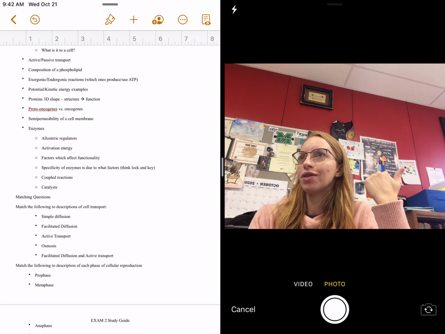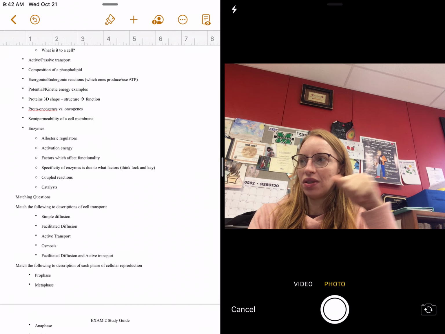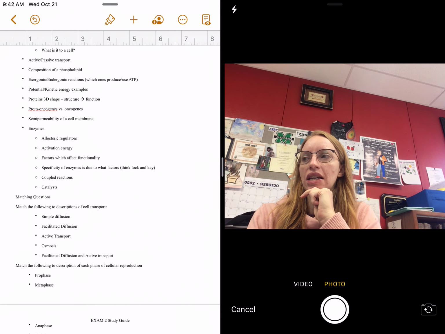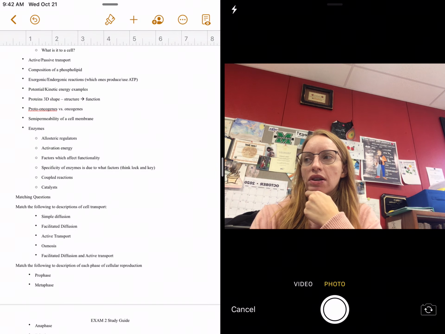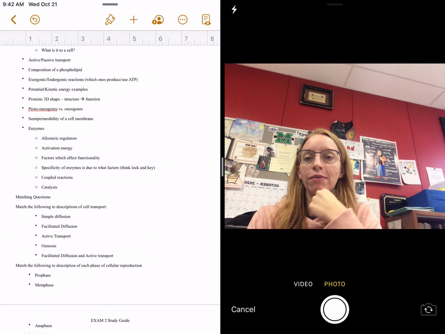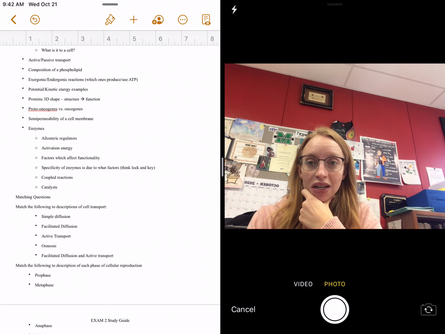So it wants examples of active transport on your test. Active transport includes pinocytosis and exocytosis, receptor-mediated endocytosis, and phagocytosis. Also, your sodium and potassium pump are active transport. Things that are passive transport include osmosis, which is a type of diffusion, and facilitated diffusion.